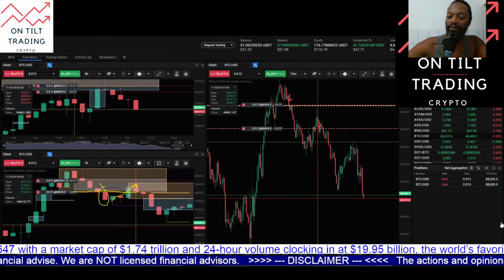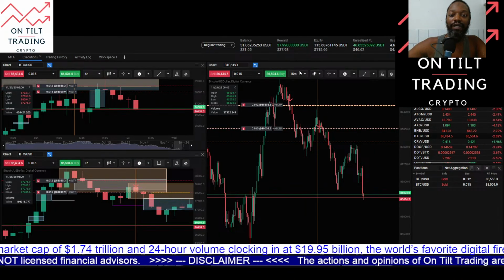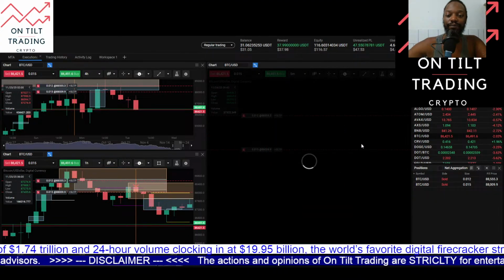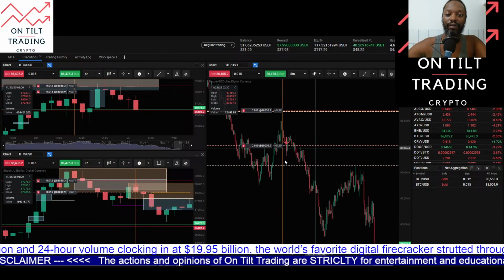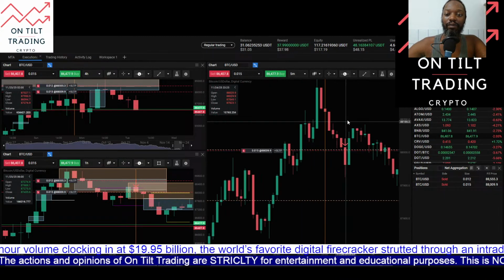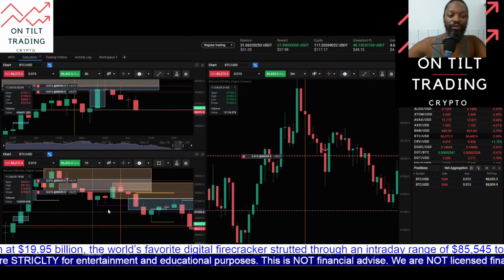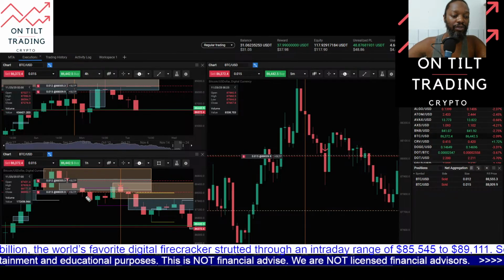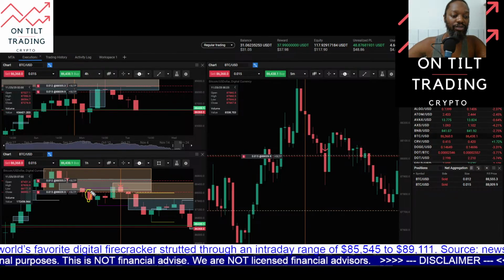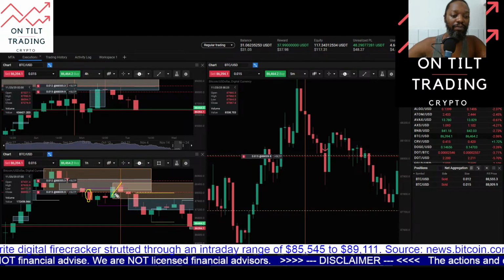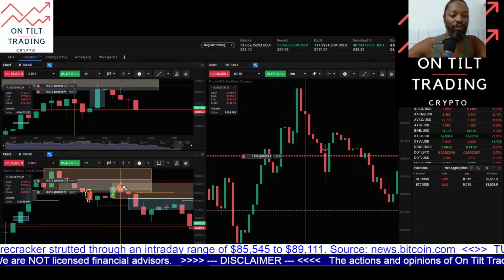And then if we come over to the 5-minute chart, we get this price action here. So two confirmations on the 1 hour chart. We get the market structure shift here and then pull back to the 1 hour order block.